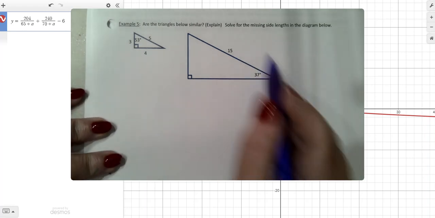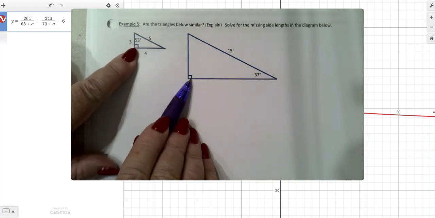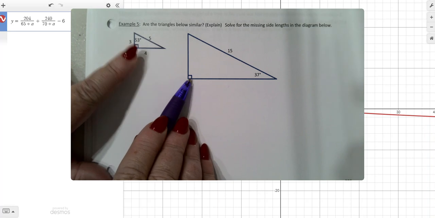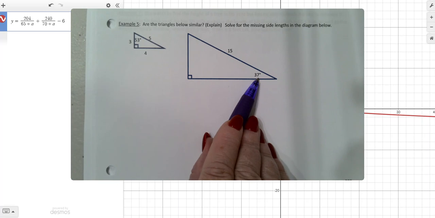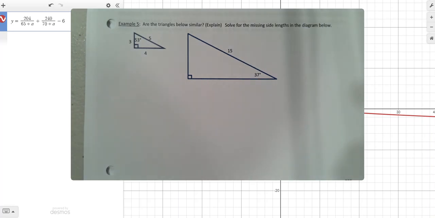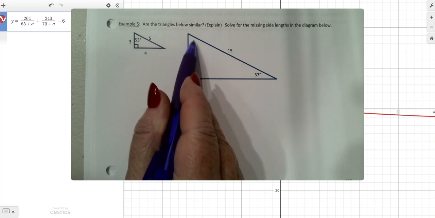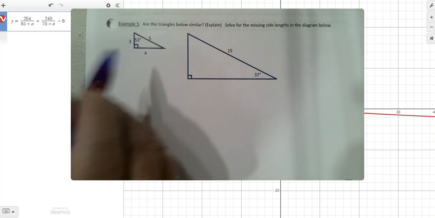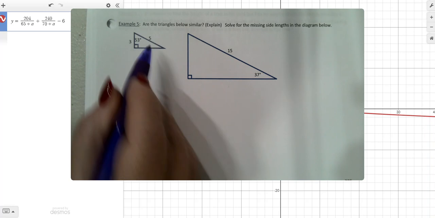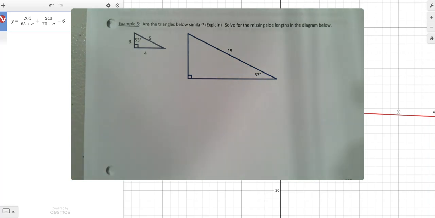In the larger triangle, I still have that 90-degree angle, so I already know that one pair of angles is the same. But in this one, the smaller angle, the 37 degrees, is given. So how do I know that these are actually similar triangles? I would need to show that that's a 53-degree angle there to match this one, and that that's a 37-degree angle there to match this one.